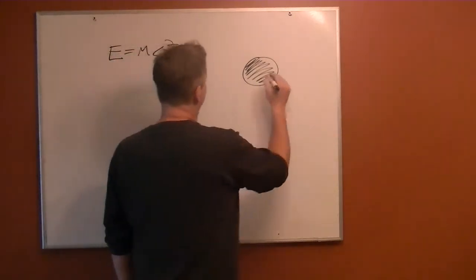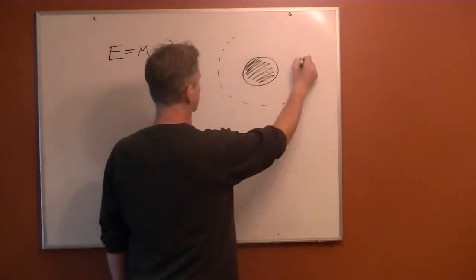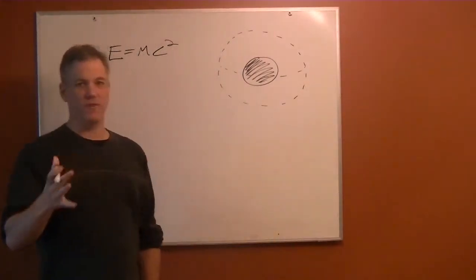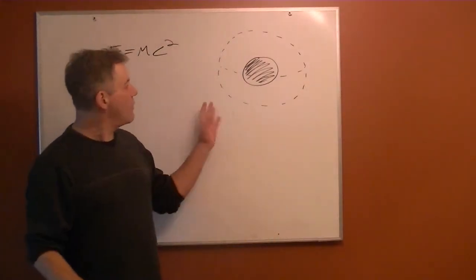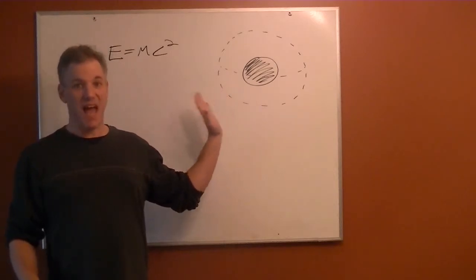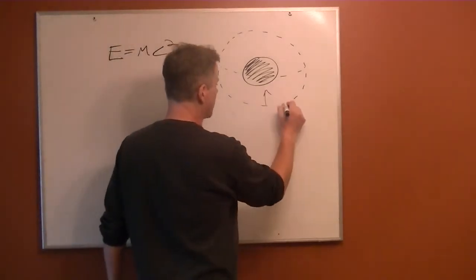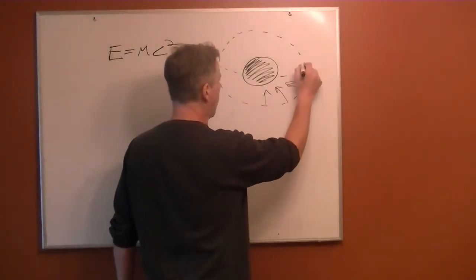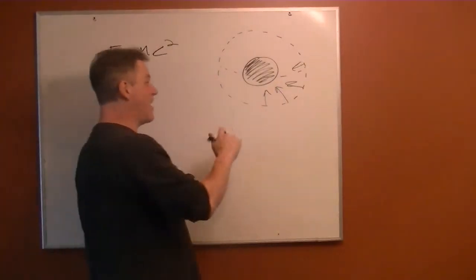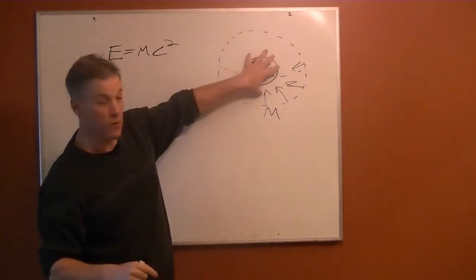And if I surround this mass with a pretend surface, originally called a Gaussian surface, because Gauss is the one who figured the math out for this, that's not a real surface. But if I stand on that surface and test how much things get pulled in by this mass, and I do it at all points, and just keep going around, I can find out how much mass is inside here.